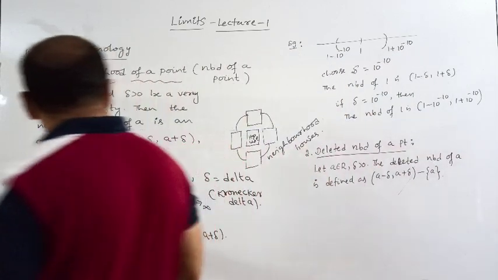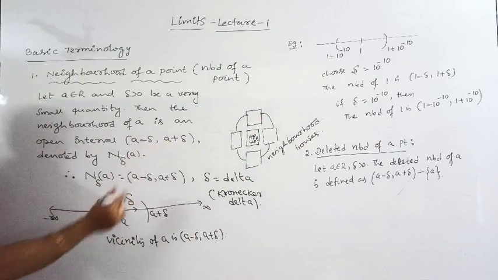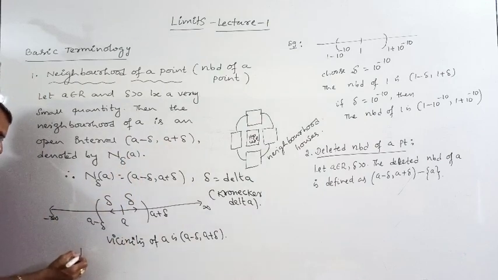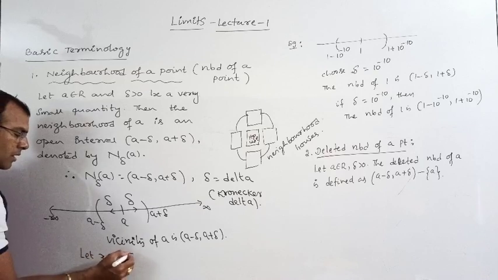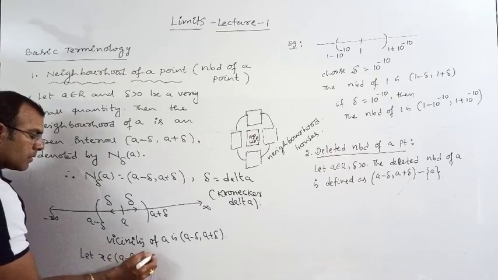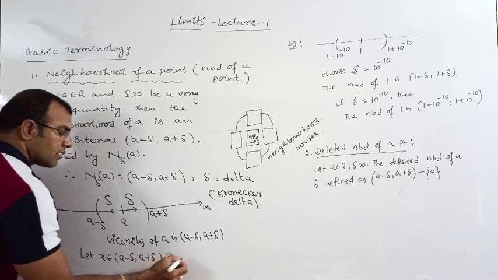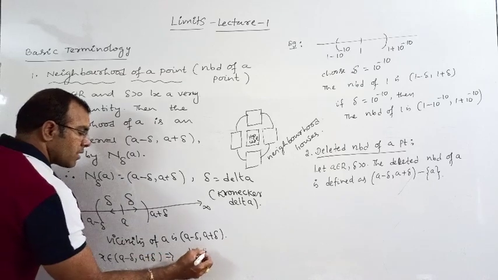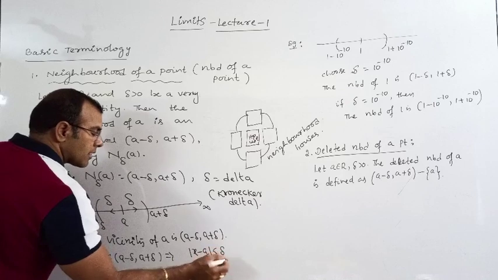Alright, and this I will write like this. Let X belongs to A minus delta comma A plus delta. This is nothing but modulus of X minus A is less than delta.